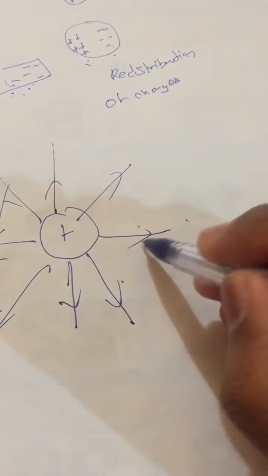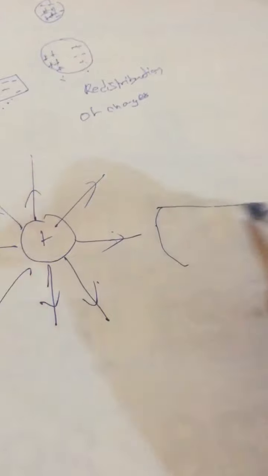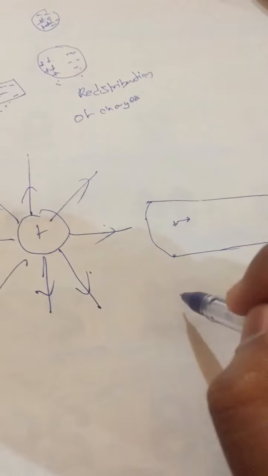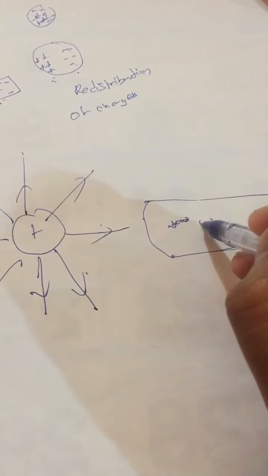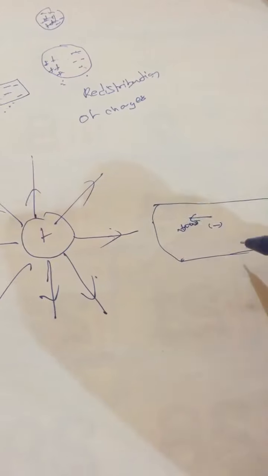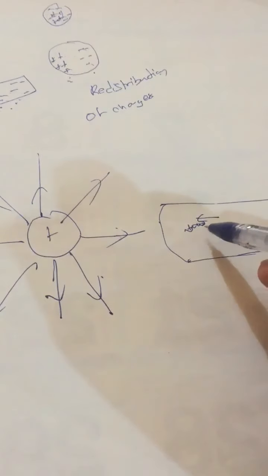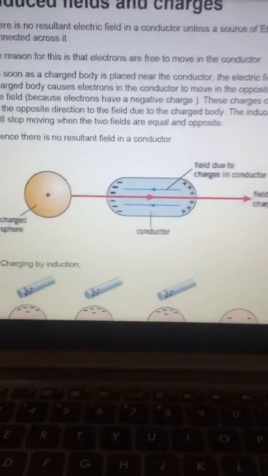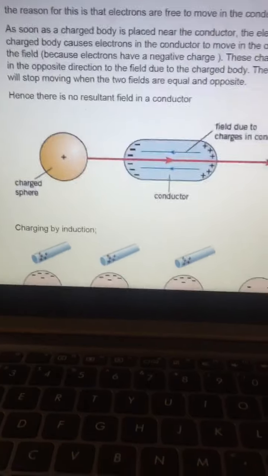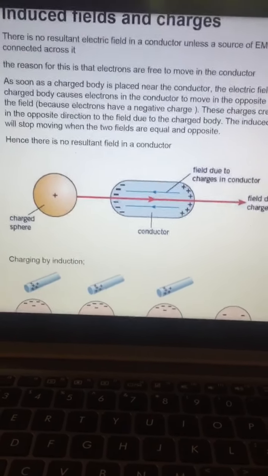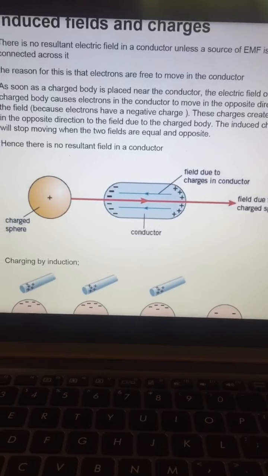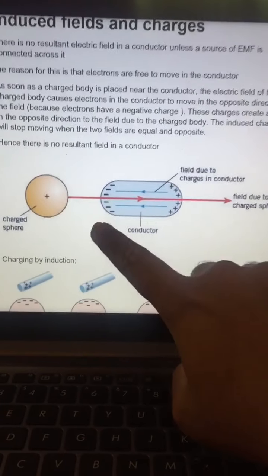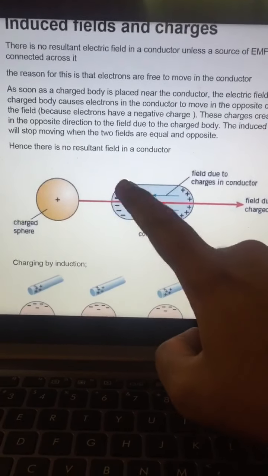That means the conductor is here, and the positive charges in the conductor will experience a force in this direction, which means the negative charges will experience a force in the opposite direction and will move towards this side. So you should not say anymore that the negative charges are attracted towards the positive charges. You have to say it in terms of the field. The electric field of the positive charge will cause the electrons, the negative charge, to move towards the left side.